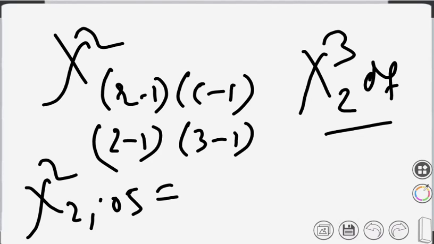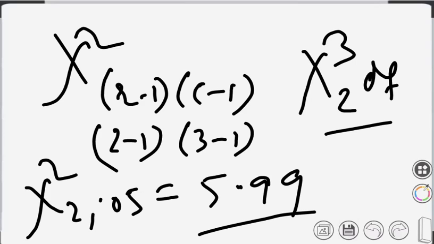So what is the value? Chi square with 2 degrees of freedom at the 5% level is 5.99. The calculated value is greater than the tabulated value, hence the null hypothesis is rejected.